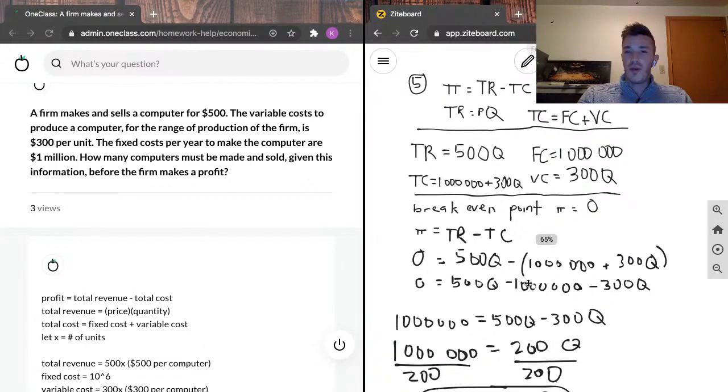From here, we distribute the minus sign. We get 500Q minus 1 million minus 300Q. We're going to add 1 million to both sides, so we now get 1 million is equal to 500Q minus 300Q. 500Q minus 300Q yields 200Q. And if we divide both sides by 200, we get that our Q star, or our break-even point, is 5,000.